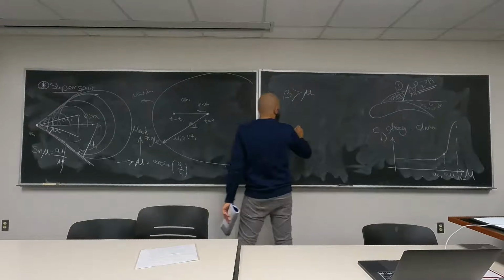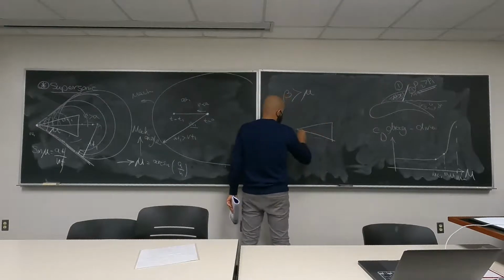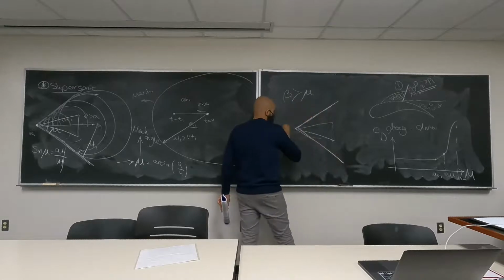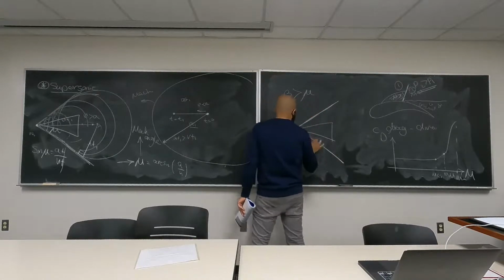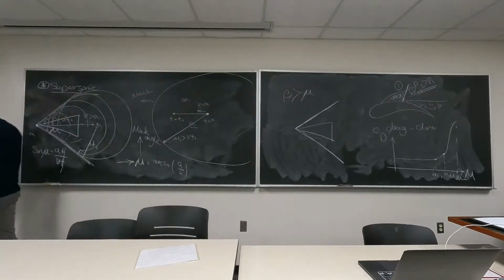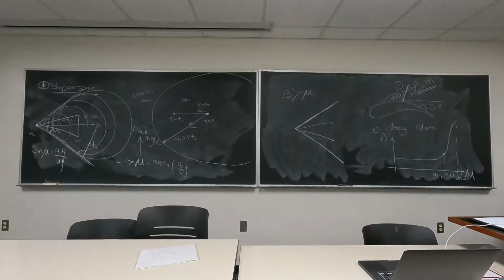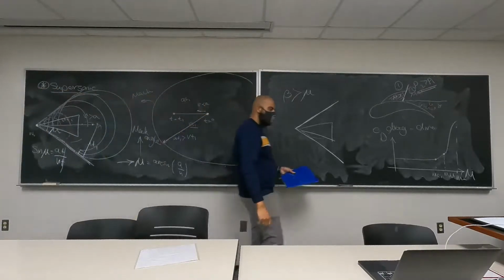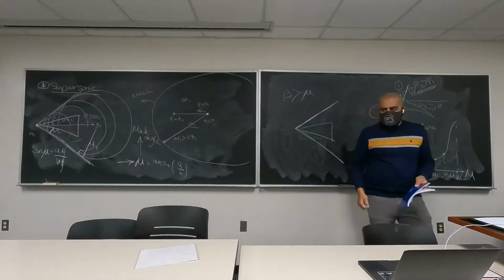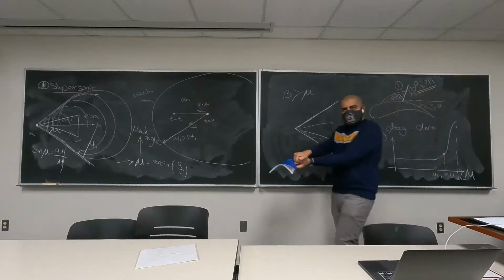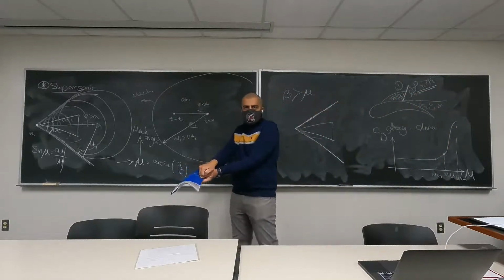So let's say we are dealing with a slender object. If you're not clear on why this angle is going to be bigger, think about it this way. Let's say I have this slender object moving through air at speeds higher than the speed of sound.